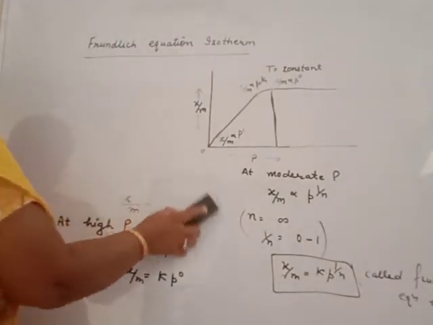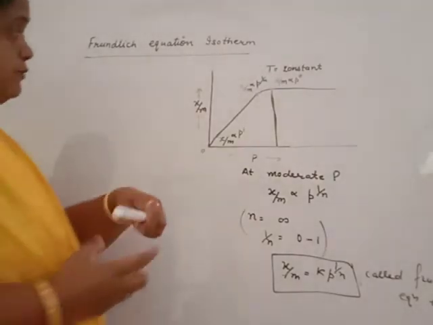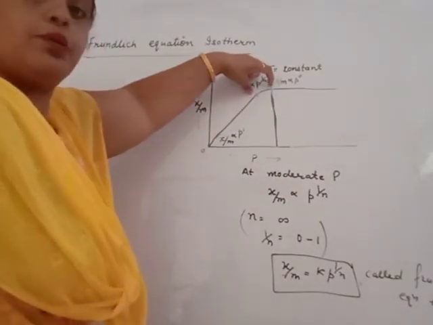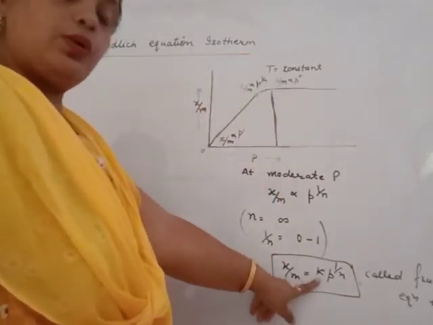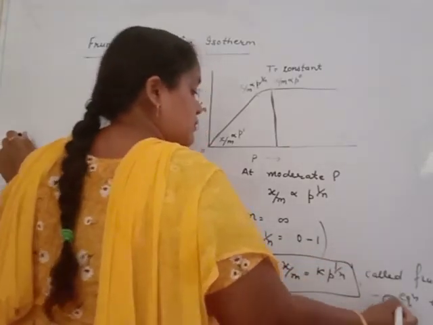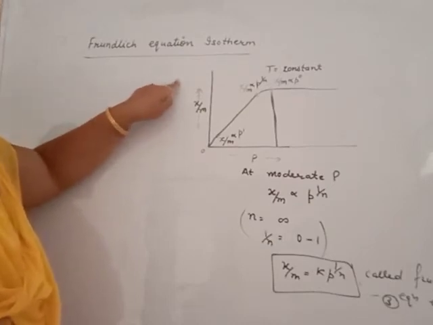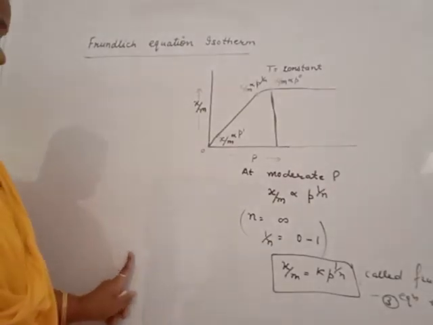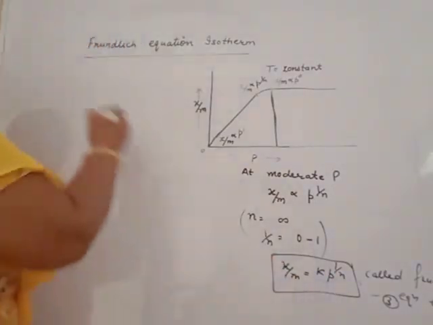Now, to elaborate this phenomenon, is this graph a straight line or not? Taking the natural log of equation 3. x by m is directly proportional to P to the power 1, that is equation 1, P to the power 0 is the second equation, and this one is the third equation.